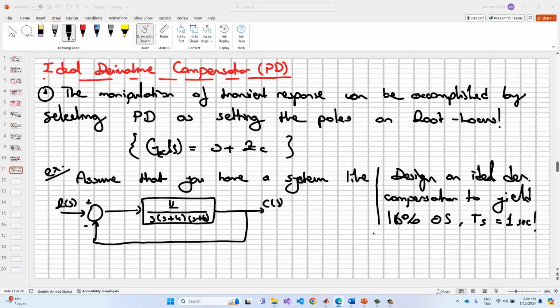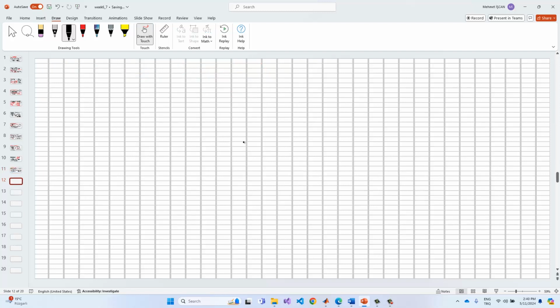If we have two values here, the Ts and the 16% overshoot, we can select the proper pole values. How can we do that? The solution is given by, first of all, looking at the root locus, because we need to design it.